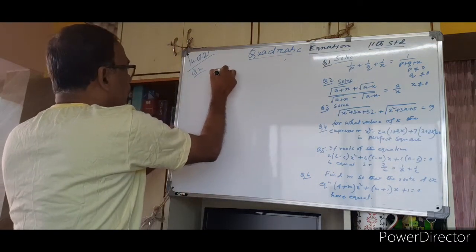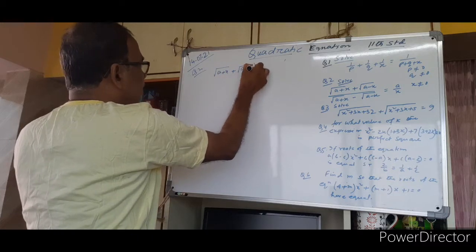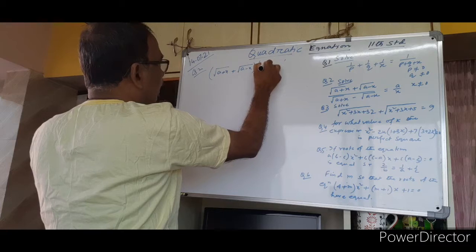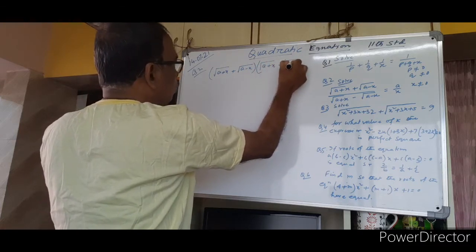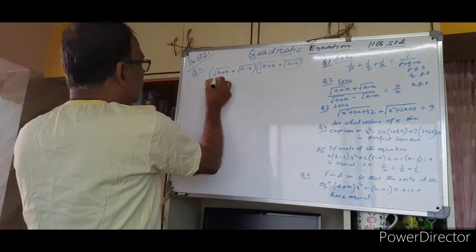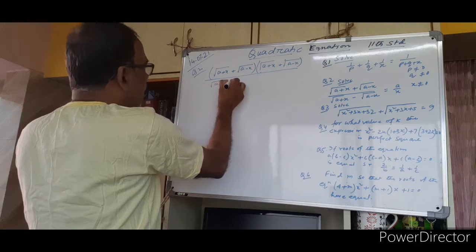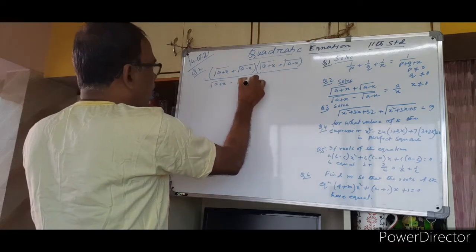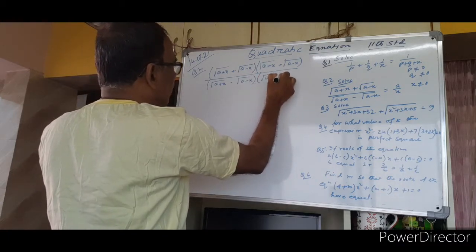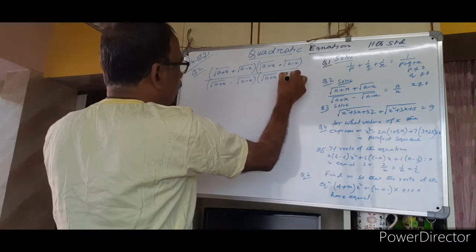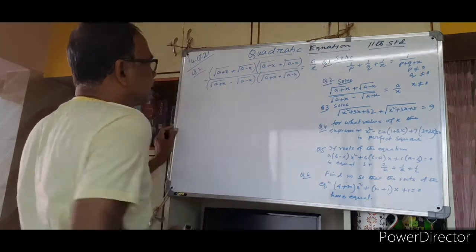That is root over a plus x plus root over a minus x over root over a plus x minus root over a minus x, into root over a plus x plus root over a minus x over root over a plus x plus root over a minus x equals a by x.